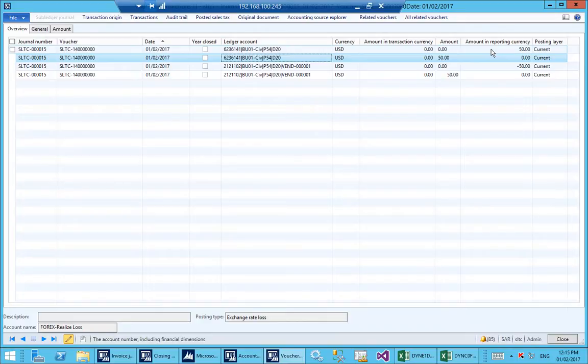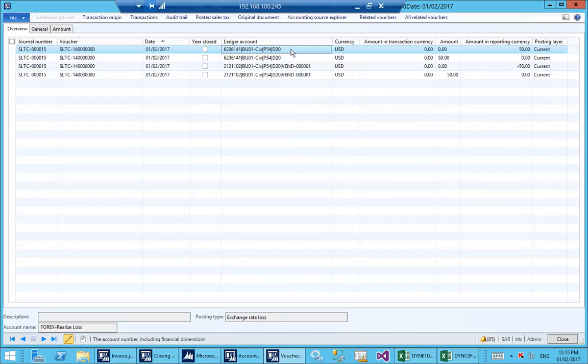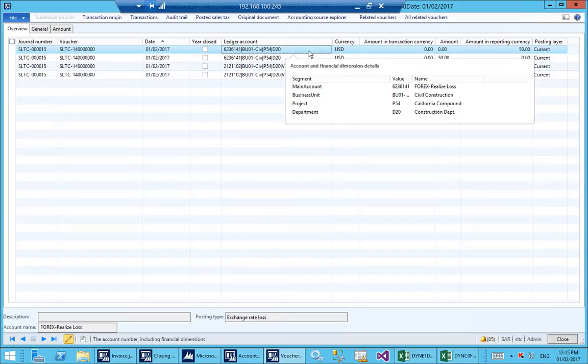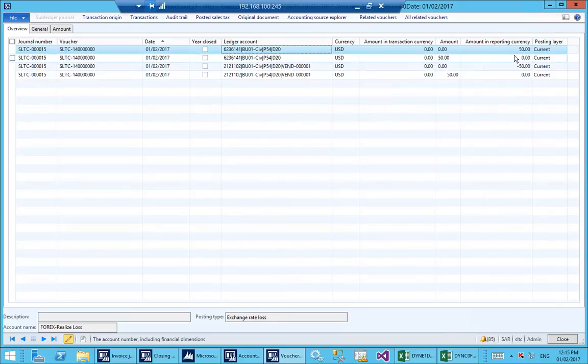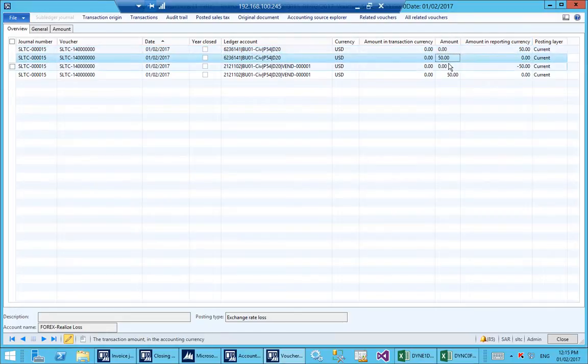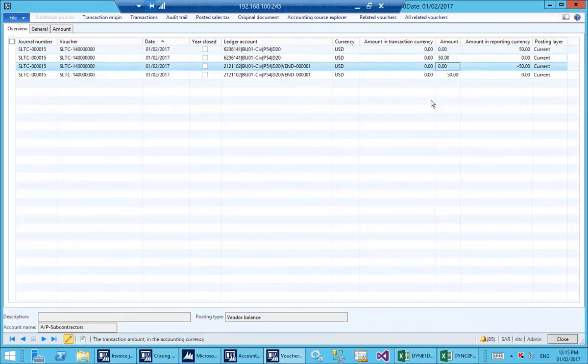What is this amount and this amount? First line, amount in reporting currency. This is in reporting currency, a different currency, so we can depend on one of these only.